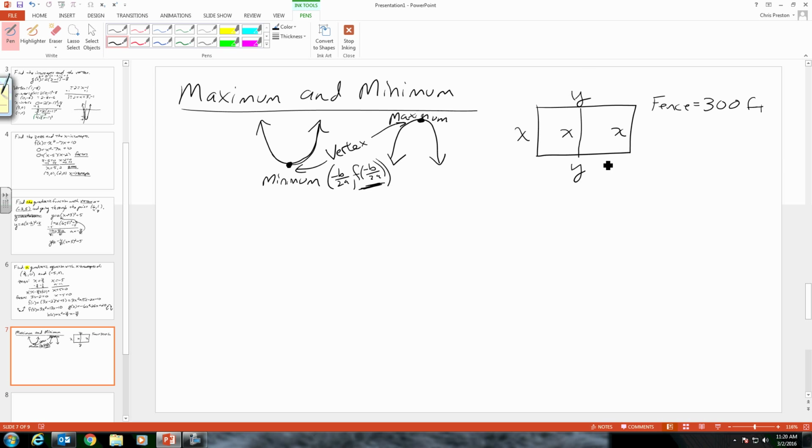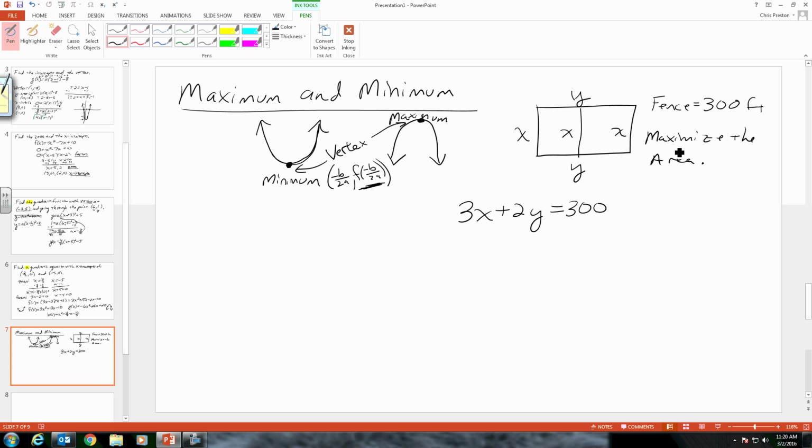That's what we used. And we want to maximize the area. Okay? So what we're going to do is start off by writing an equation based on the amount of fencing we're using. So we have 3 x's and we have 2 y's, and that should all come out to be 300 feet. Okay?